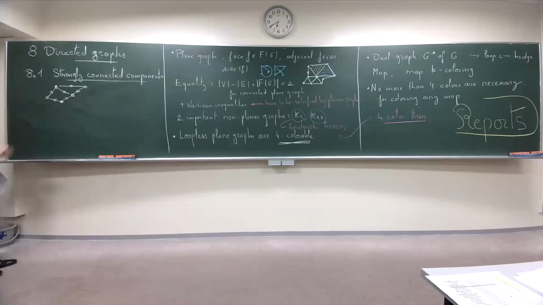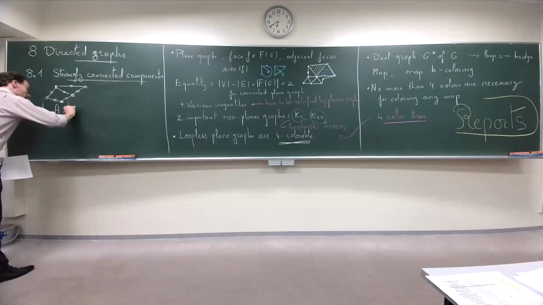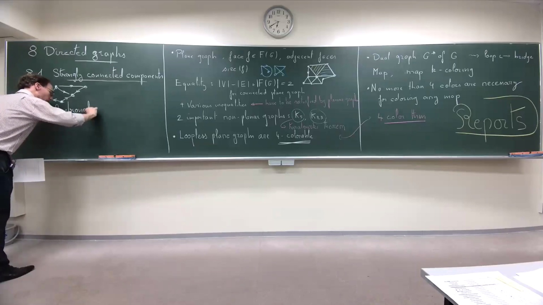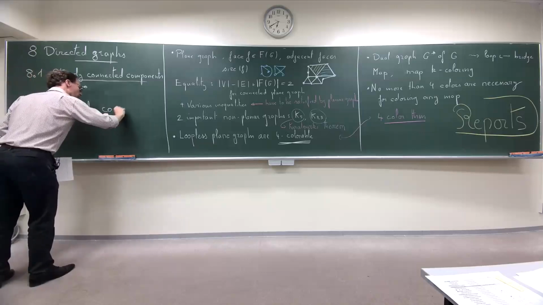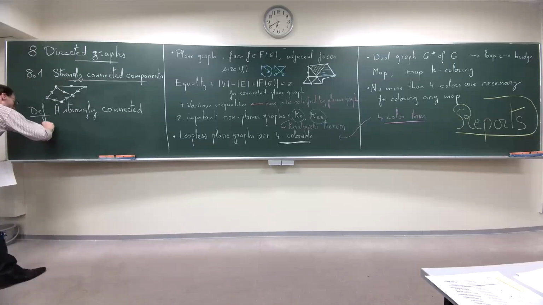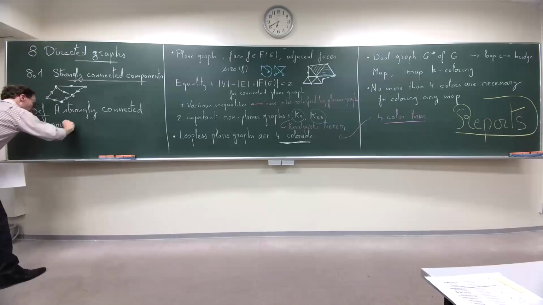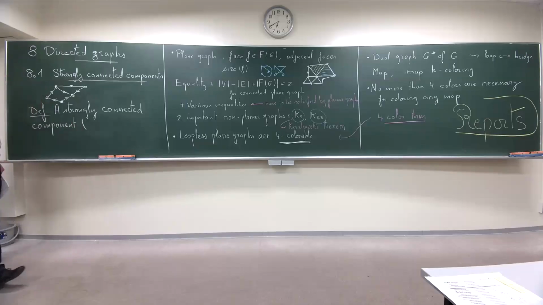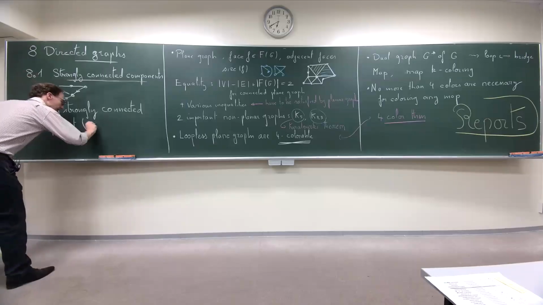So what is a strongly connected component? I need to define. A strongly connected component of a graph, and I'm going to abbreviate this with SCC.